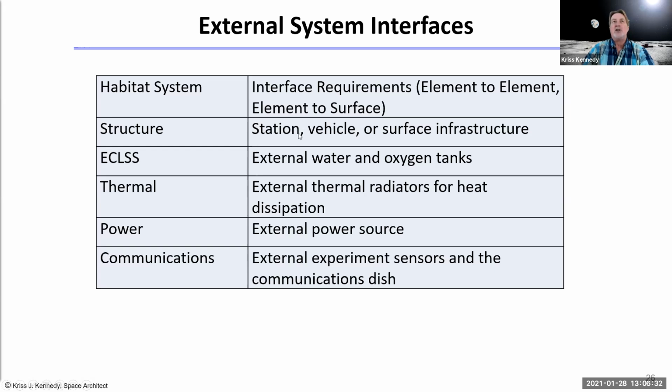Structure, you could have station, vehicle, or surface infrastructure. ECLSS could be external water or oxygen tanks. Thermal, you could have the external thermal radiators for heat dissipation. So you're going to have pass-throughs of the thermal fluid going to the radiators.